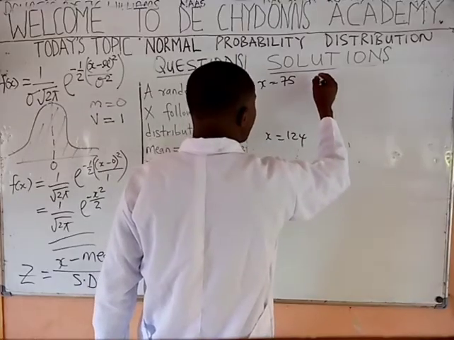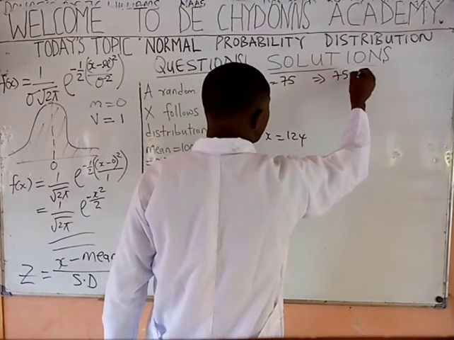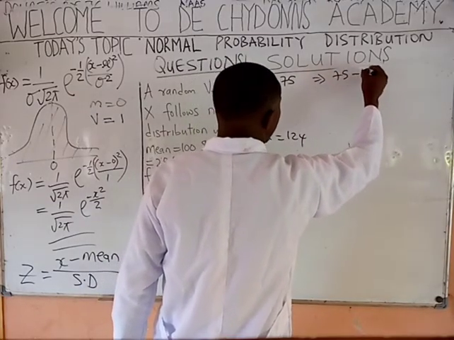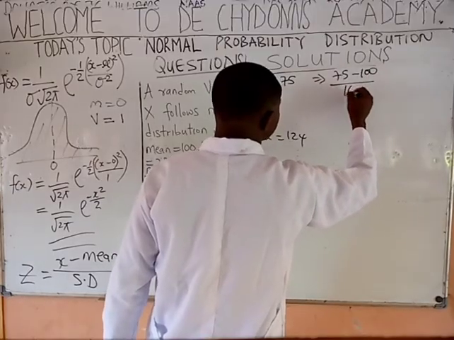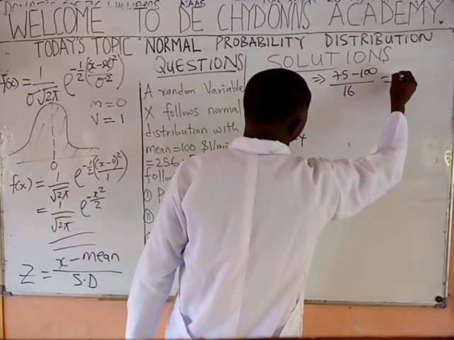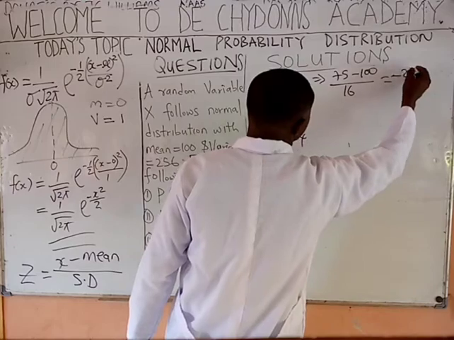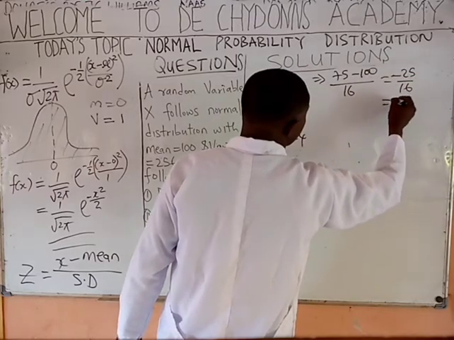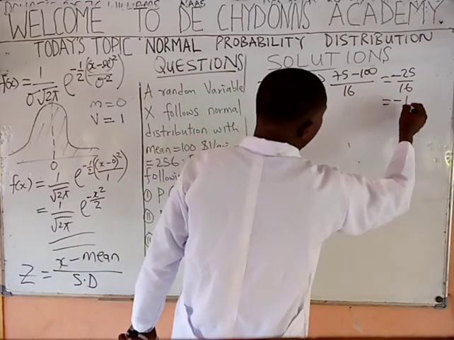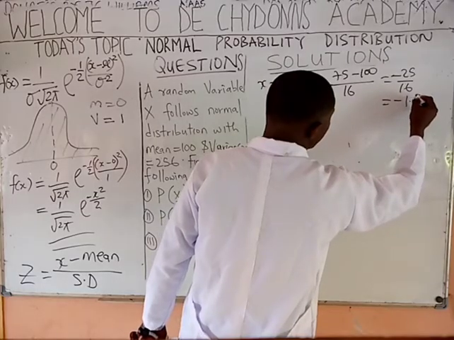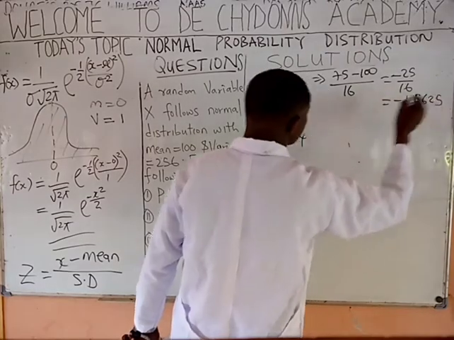This will give you that your z-score is 75 minus 100 all over 16, and this will give you minus 25 over 16, which is minus 1.5625.